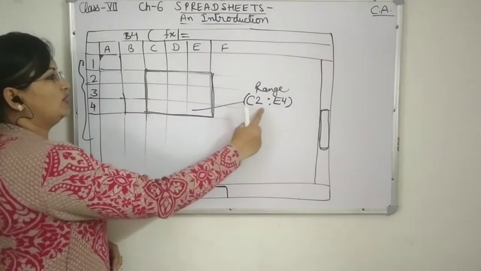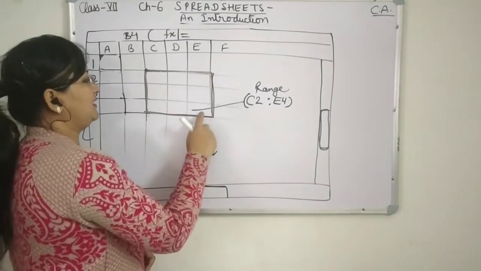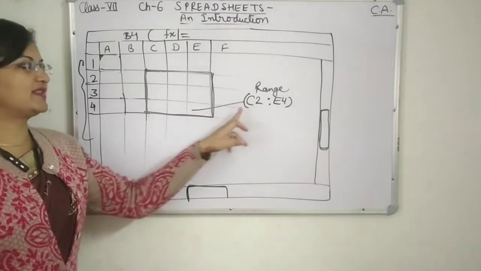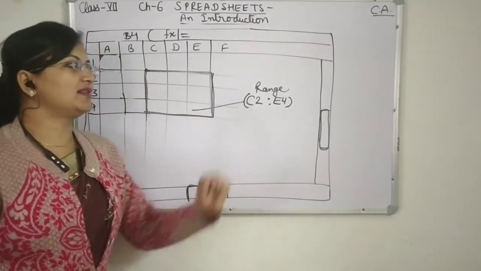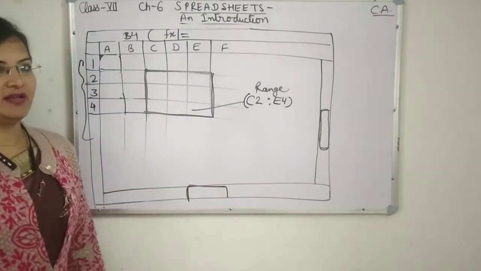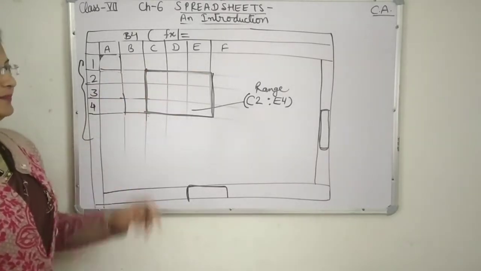I have written C2, then a colon, and then E4. So C2 to E4 is the group of cells and this is the address of the range. I hope you understood the range. And an individual box is known as a cell.